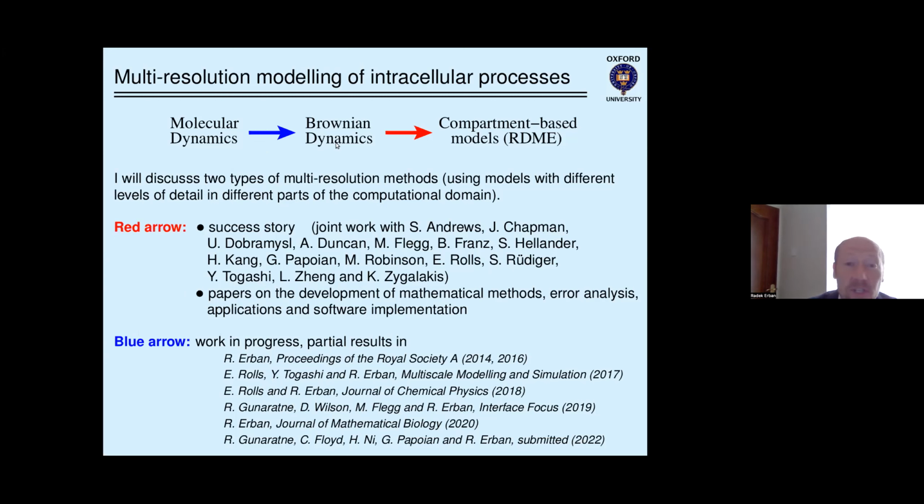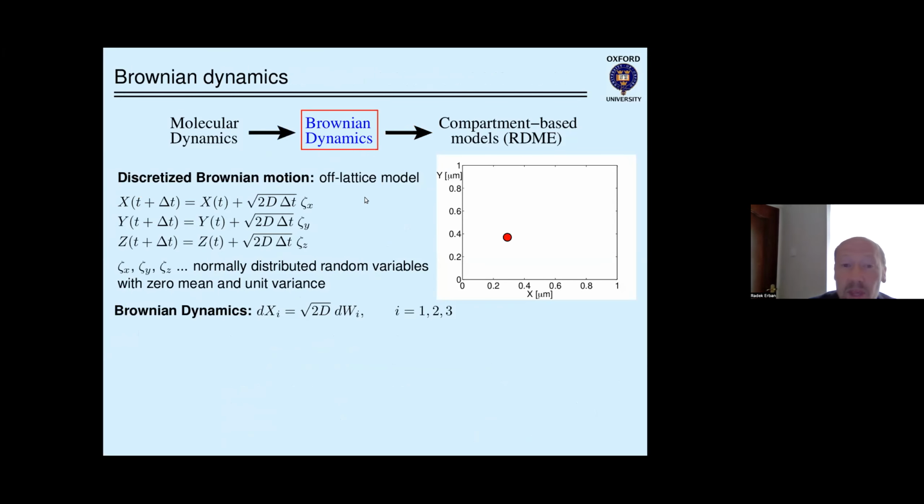I'll start with the red arrow, and since Brownian dynamics is in the middle, I'll first tell you what I mean under this general title of Brownian dynamics. In the simplest possible setting, Brownian dynamics is just a discretized Brownian motion. I have a protein here, and I'm asking about its time evolution: what is the position of this protein at time t plus delta t, given its current position?